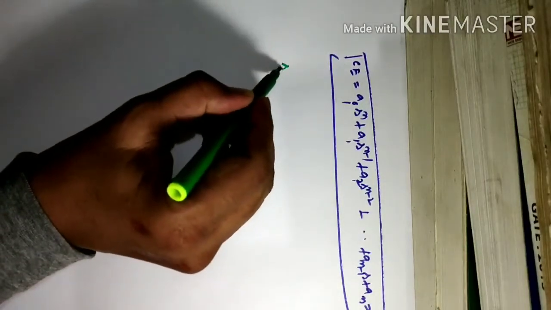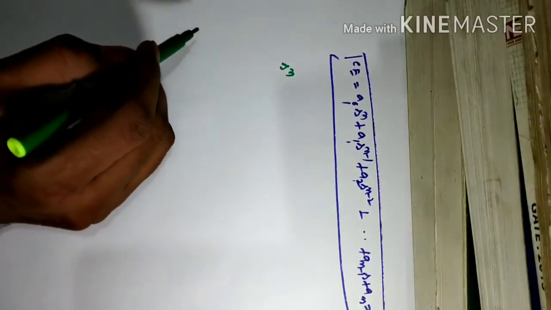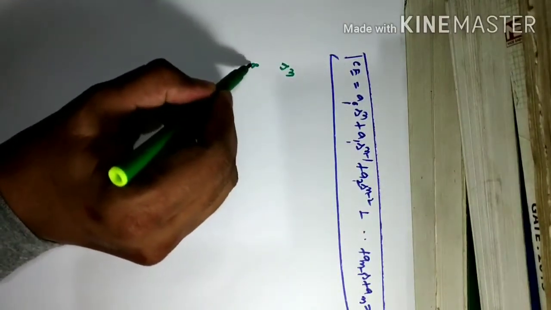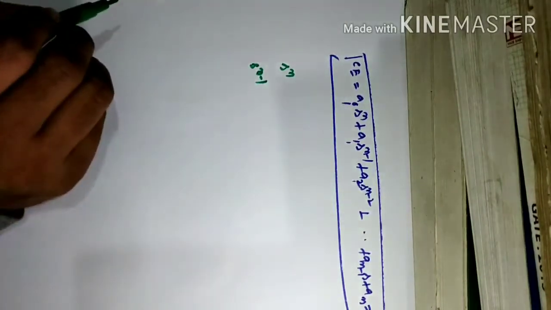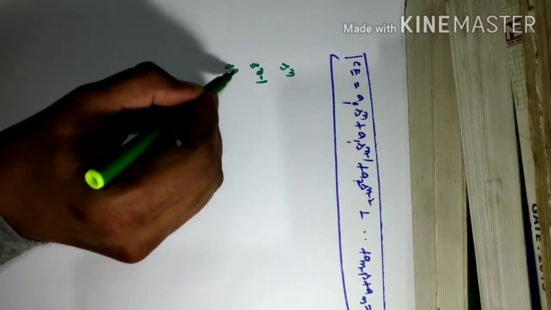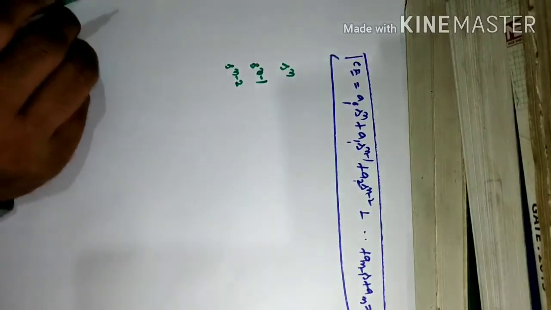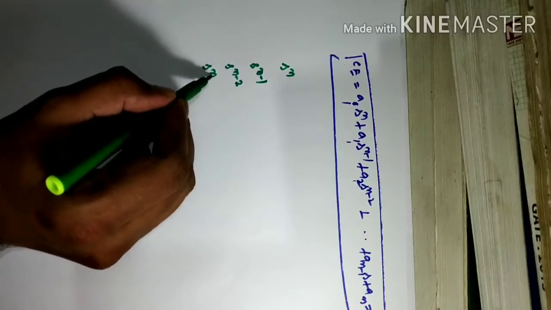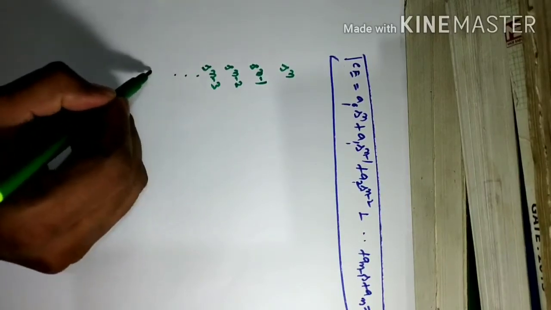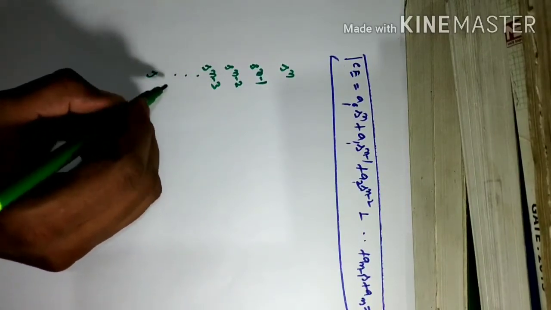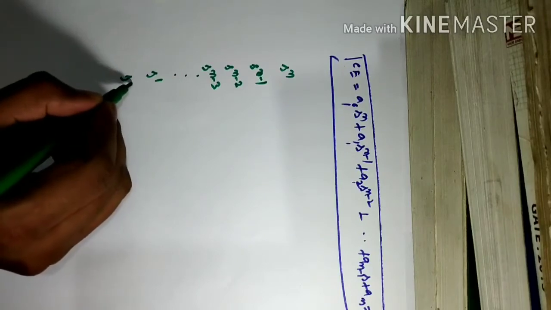First, you write S power n, after that S power n minus 1, after that S power n minus 2, and after that S power n minus 3 and so on, down to S power 1, S power 0.